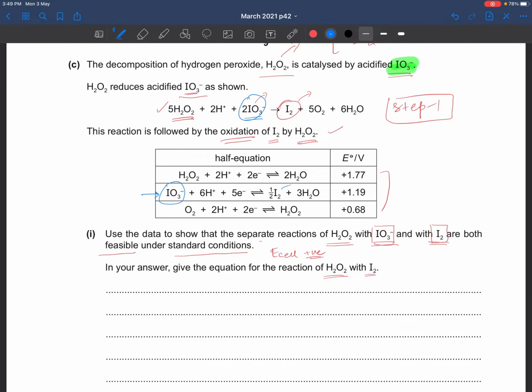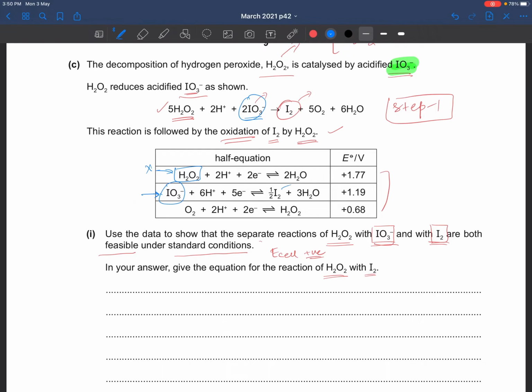Now H2O2 will be oxidized, right? In the first equation, H2O2 is on the reactant side, so we cannot use this equation, because one of the reactants is already being reduced, so the other one cannot be reduced.